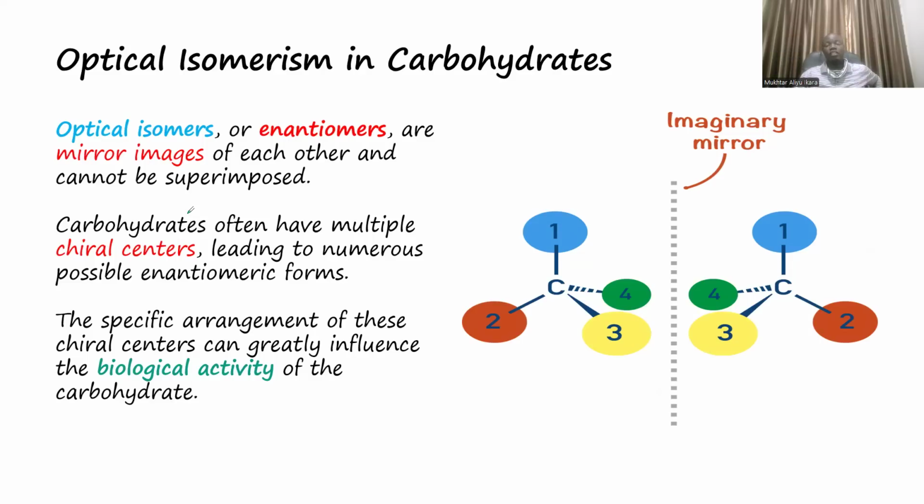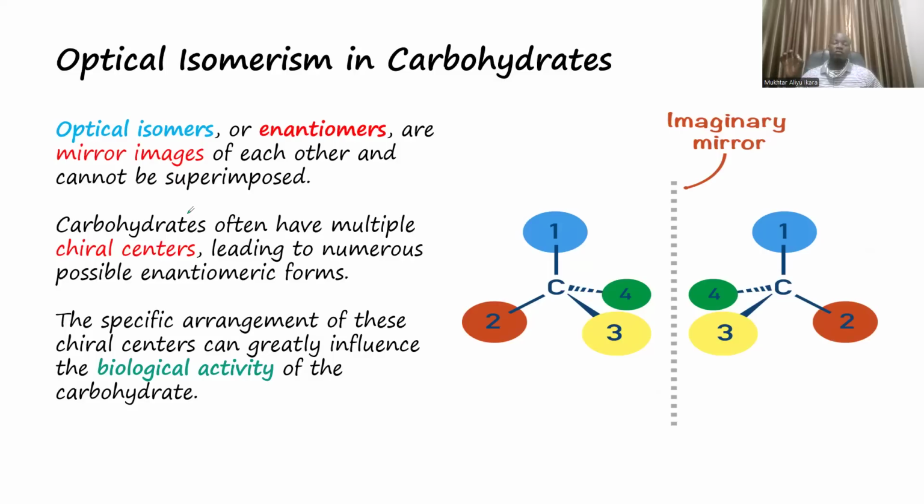Optical isomers are also known as enantiomers. Generally they are mirror images and they cannot be superimposed. Chiral carbons are carbons that have four different groups attached to them. A chiral carbon is also called a stereogenic carbon, or you can call it an asymmetric carbon.